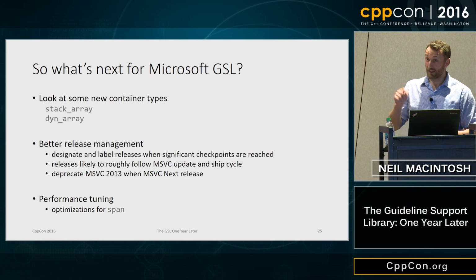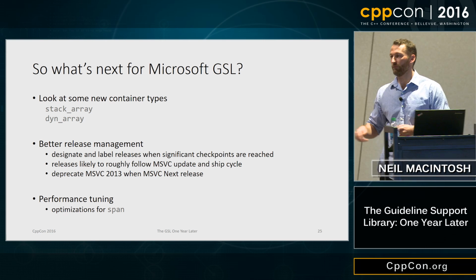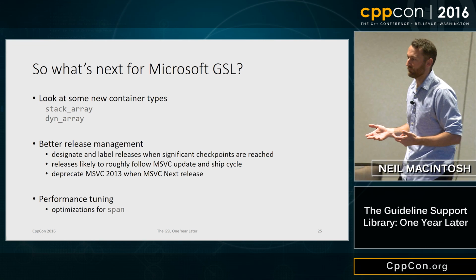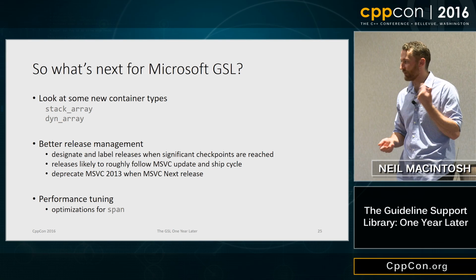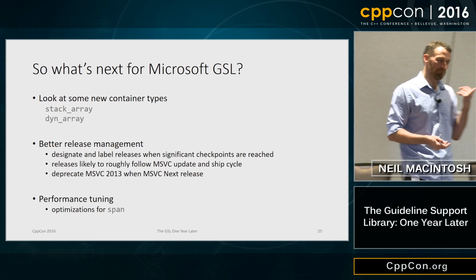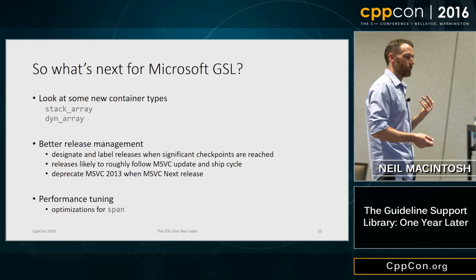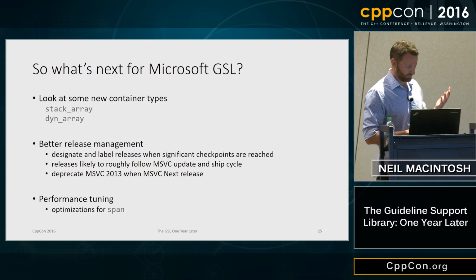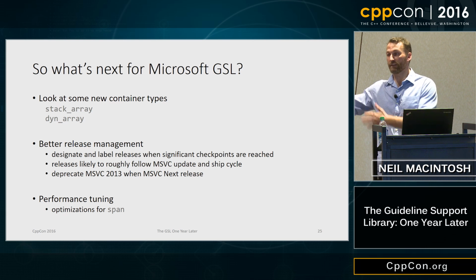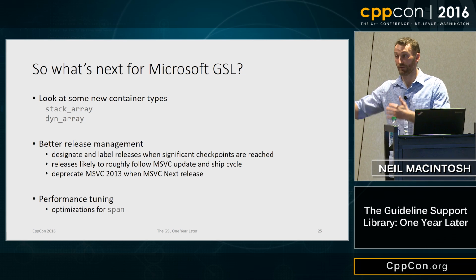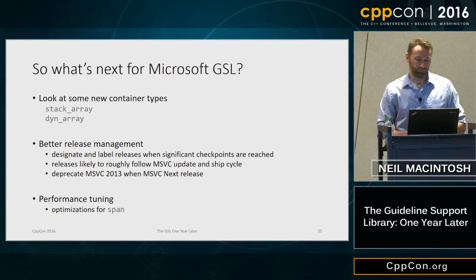That's going to be the current shipping version of Visual Studio, which today is VS 2015, but at some point in the future it'll be VS Next, and the previous one. The previous one's currently VS 2013. Once the previous version becomes VS 2015, 2013 drops off my care list. And that's where we talk about how useful it is to have forks and other GSL implementations that might want to give you a longer period of support for the older compilers.